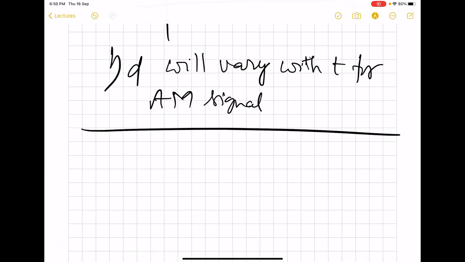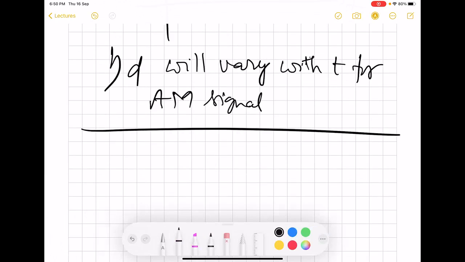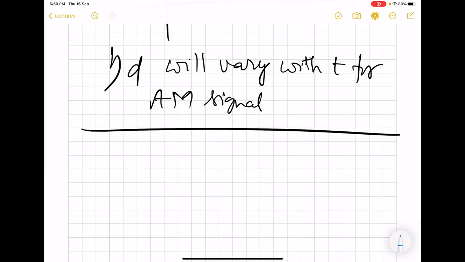Now let us talk about the device stress. That means when this is used, what is the maximum voltage and current that it experiences, and then what is the output power capability.